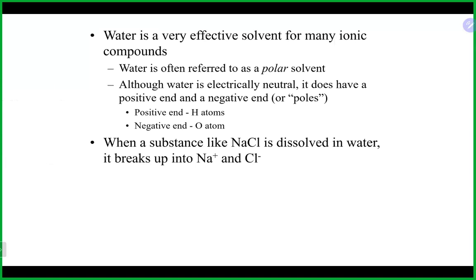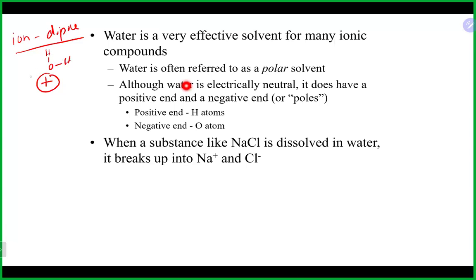When we dissolve something like sodium chloride in water, what happens is actually a type of intermolecular force that we didn't talk about last time or earlier today, but it is sometimes referred to as an ion dipole interaction. And what that means is we have ions, like the sodium ion, that's positively charged. And when you dissolve it in something like water, the negative side of water, which is the oxygen, is attracted to that ion.